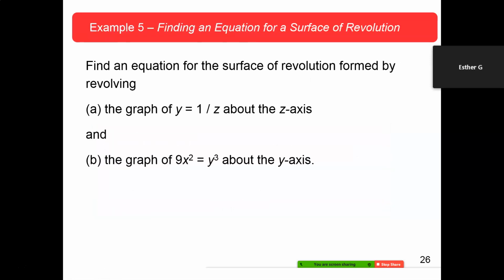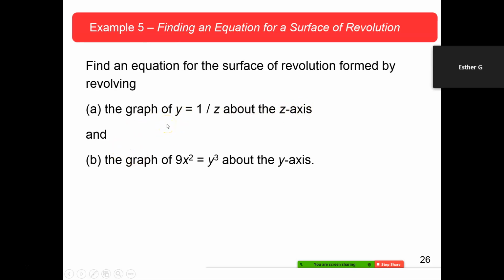Now, without doing too much on this, let's just see if we can talk our way through it. Find an equation for the surface of revolution formed by revolving the graph of y is equal to 1 over z about the z-axis. The first part of this, because you're doing it about the z-axis, is going to be x squared plus y squared.